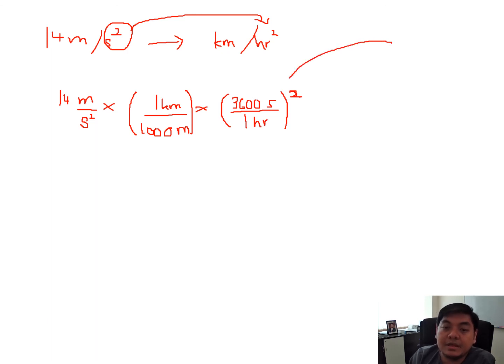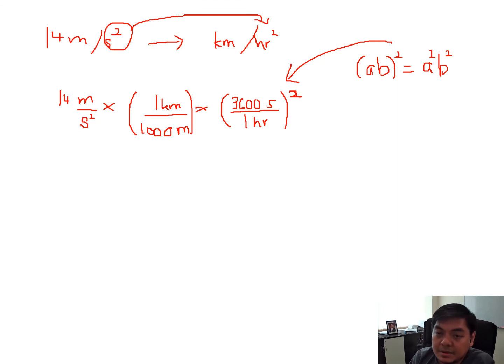But remember one thing over here, make sure that you follow this kind of indices. Remember, (AB) squared is equivalent to A squared B squared. And you do have two things inside the bracket. You should square all the values inside the bracket. So remember this thing, okay? And of course, how to cancel m?